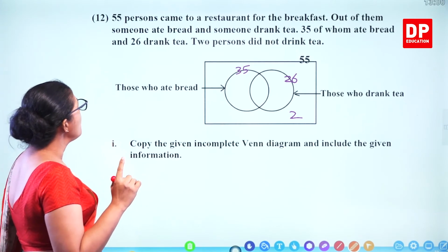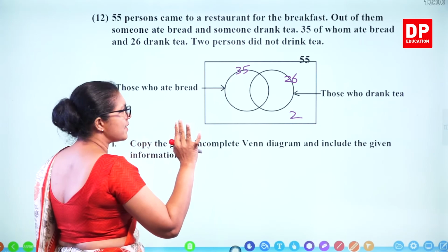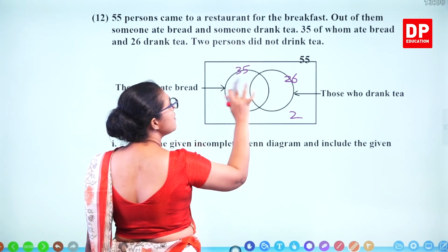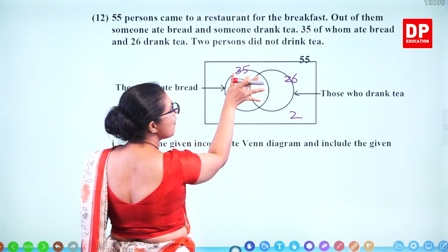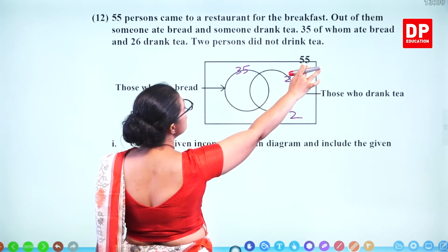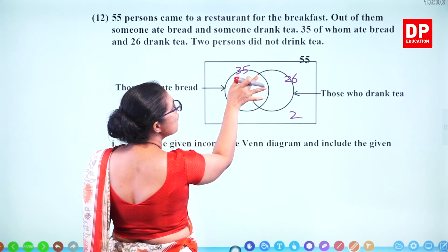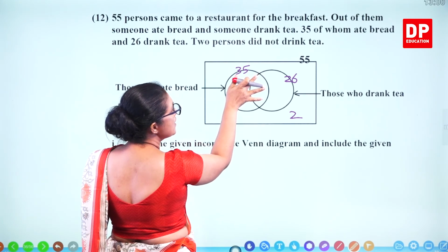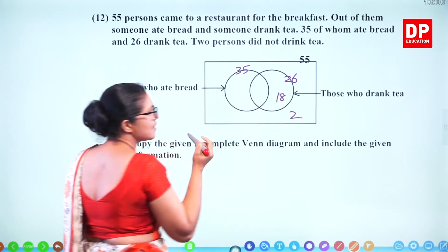So now we need to find out these parts. There are 2 methods. You can put x here and find x, or you can close this 35. Altogether it says 55. When you subtract 35 from 55, that's 20. 2 is there, so this should be 18.